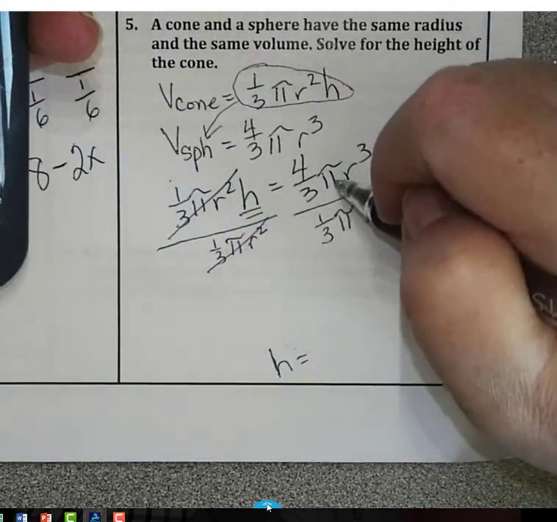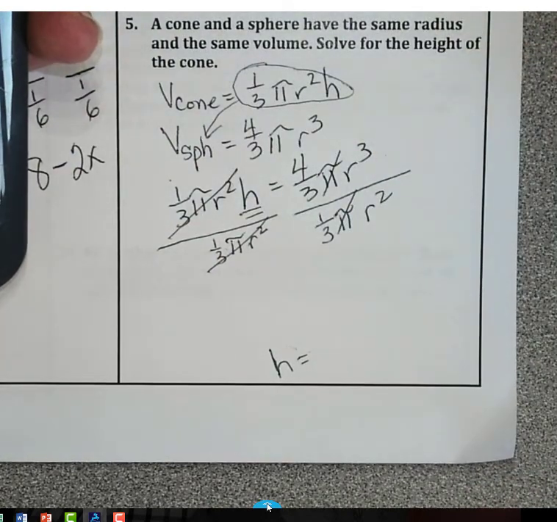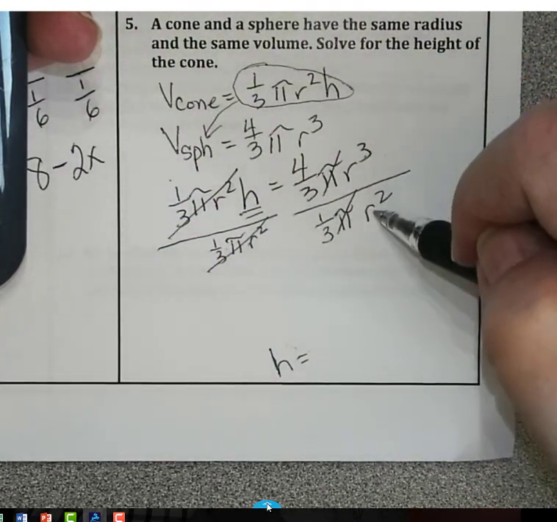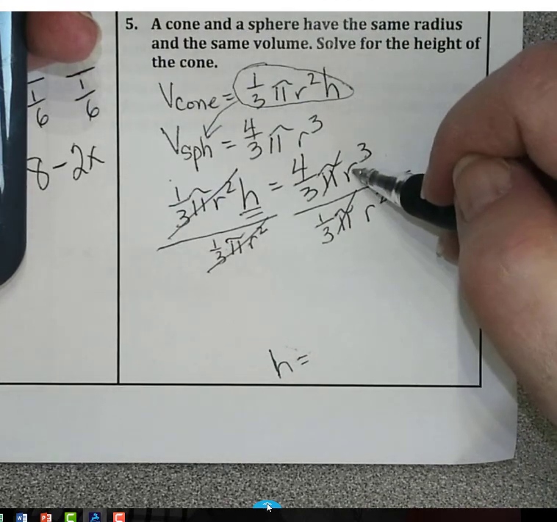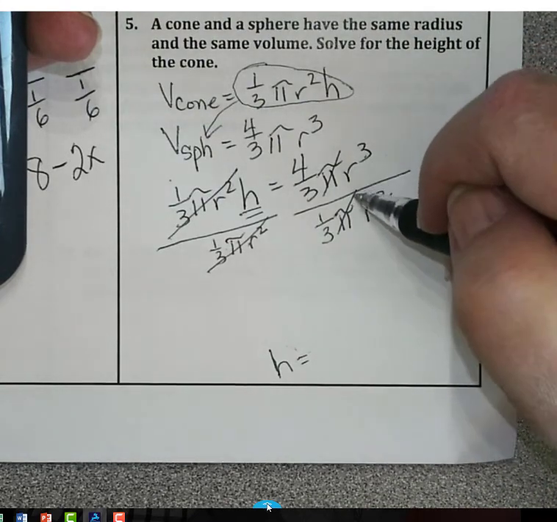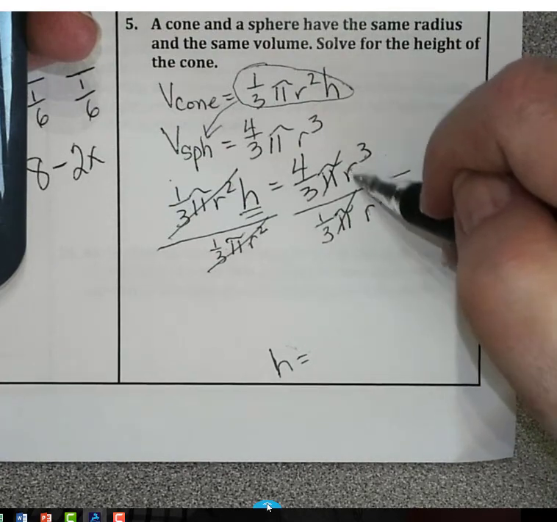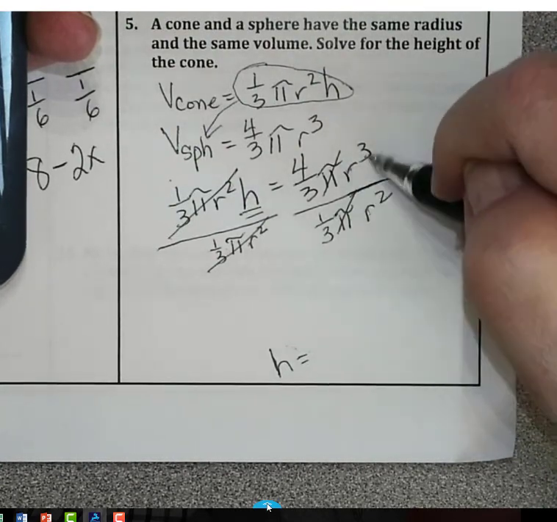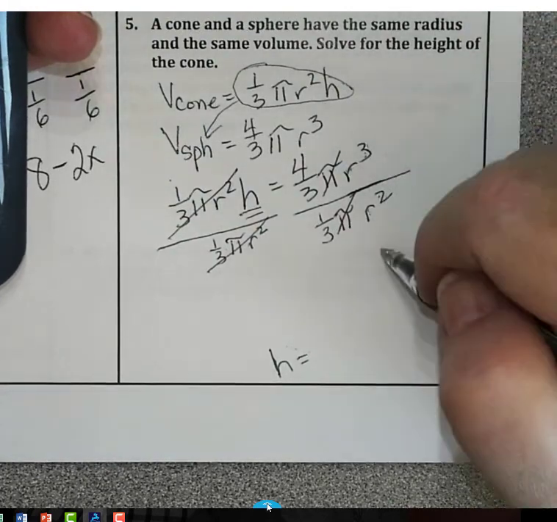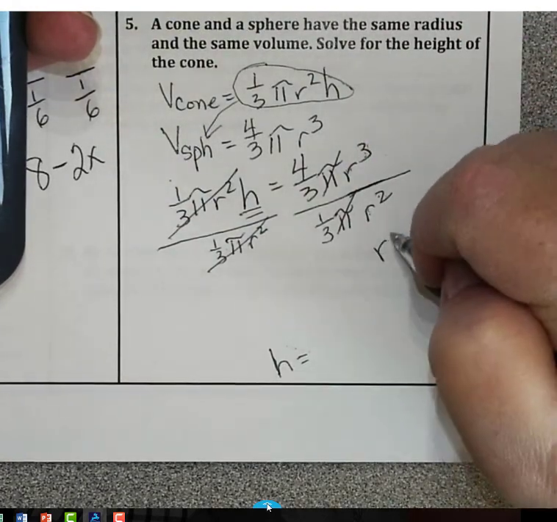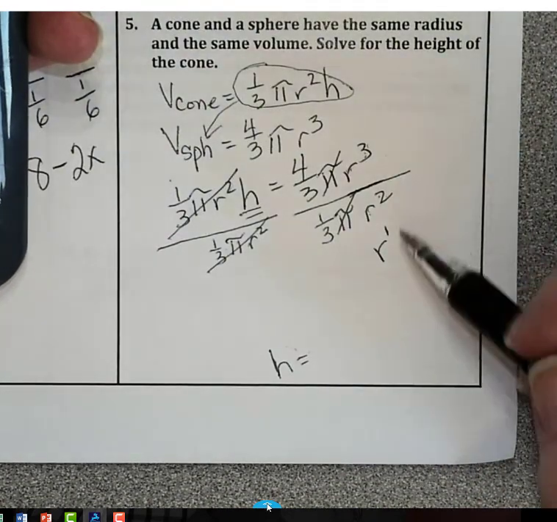And then over here, pi divided by pi is just 1. R cubed divided by r squared. We have learned that when you have the same base and it's being divided, you can subtract the exponents. So over here, 3 minus 2, this is going to give me 1. 1 r to the first, rather.